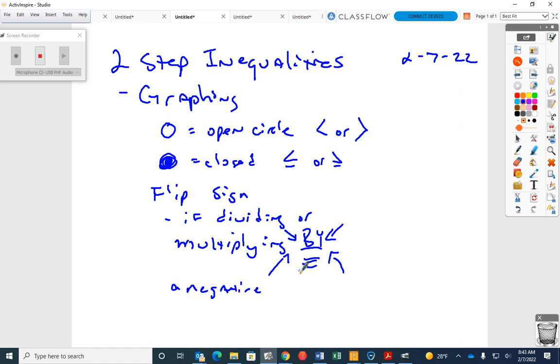We treated one-step inequalities just like one-step equations. If I had a subtraction, I added to solve it. If I had addition, I subtracted to solve it. If I had multiplication, I used division. If I had division, I used multiplication.